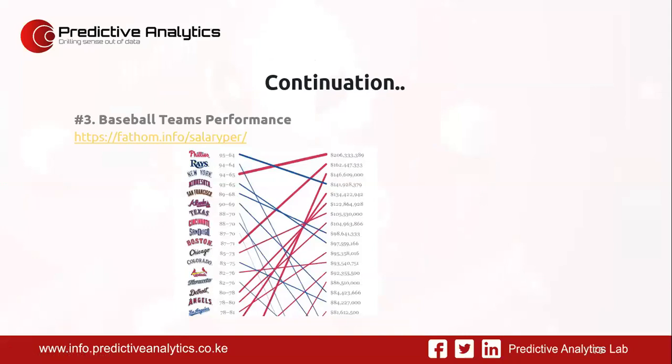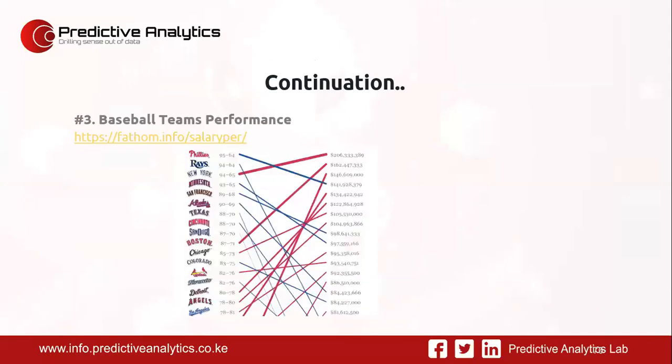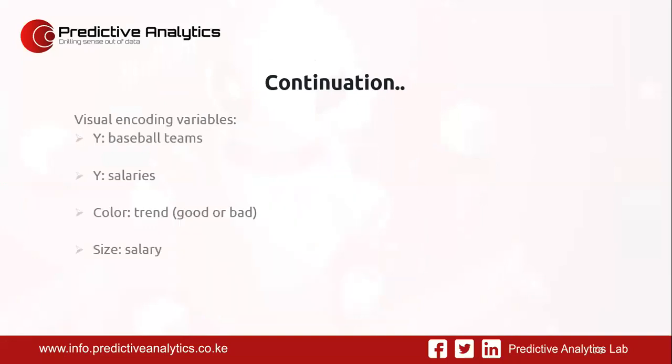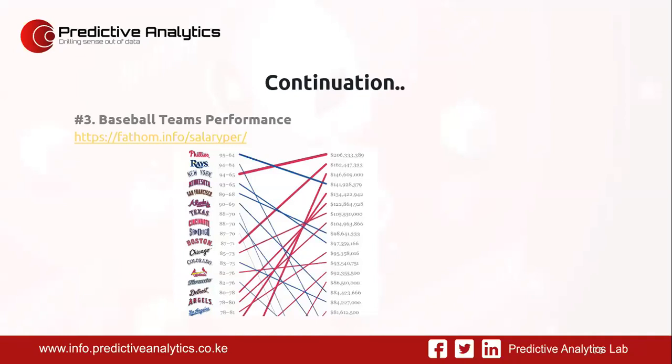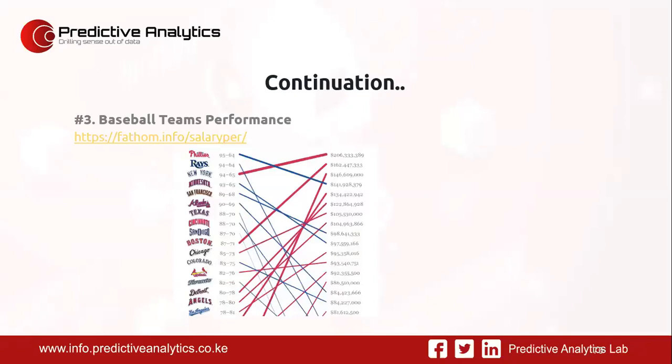I hope you can all see the presentation again. We have this baseball team's performance visual that we've just opened. Looking at the visual encoding variables, we have the baseball teams on the Y-axis. We also have salaries on the right. Color is a trend, either good or bad: red represents bad, blue represents good.